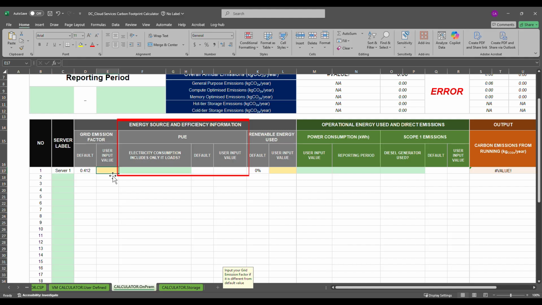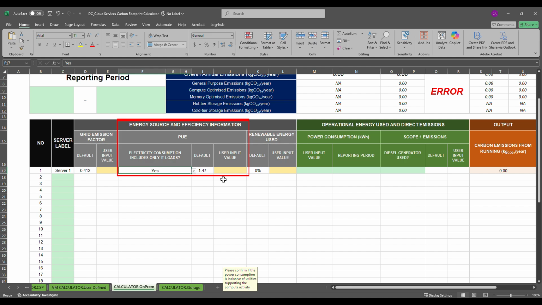Moving on to power usage effectiveness (PUE), the first column in this section asks whether the power consumption listed under column M includes only IT loads or also supporting infrastructure loads such as HVAC and lighting.